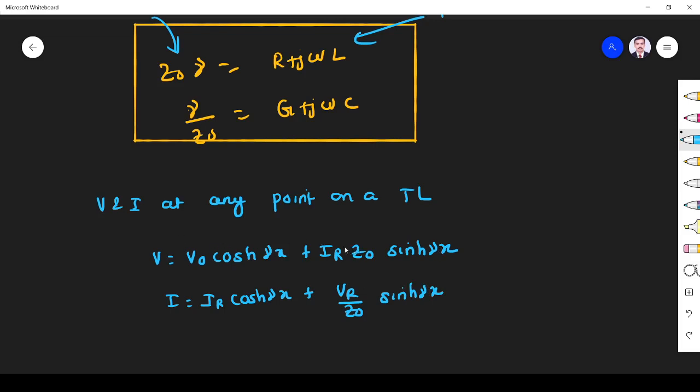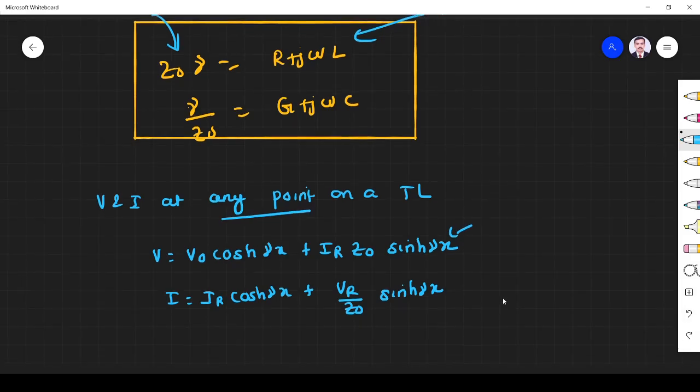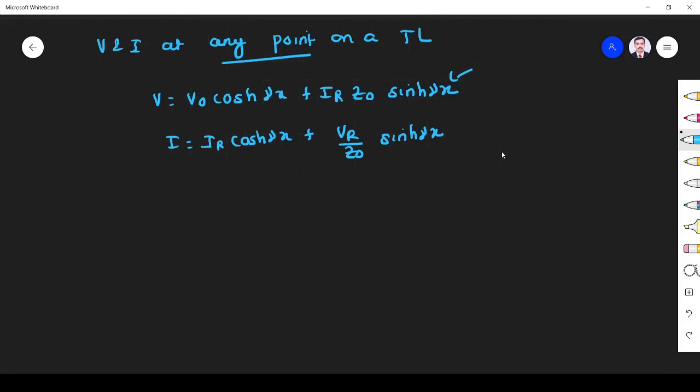So Z naught we know, IR is a current, gamma propagation constant. X is any point. Fine. So this is the thing we must remember. And this is the voltage and the current at any point on a transmission line.